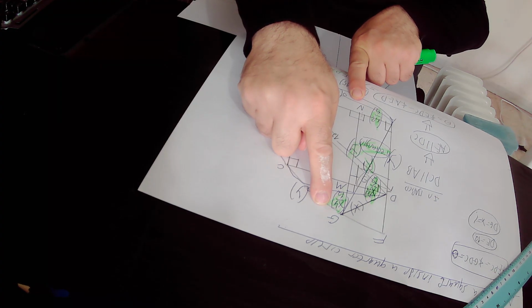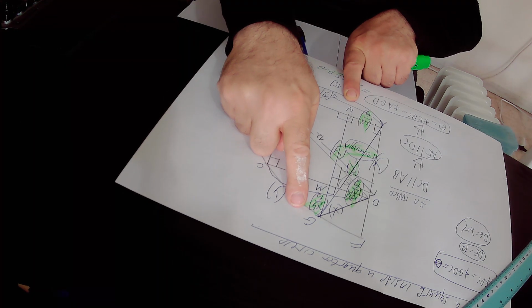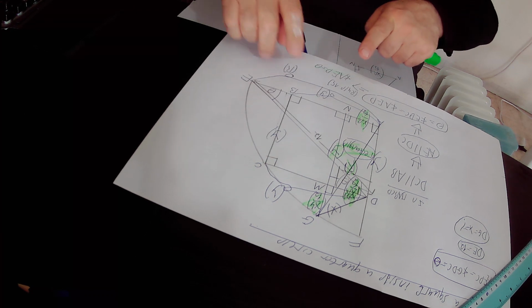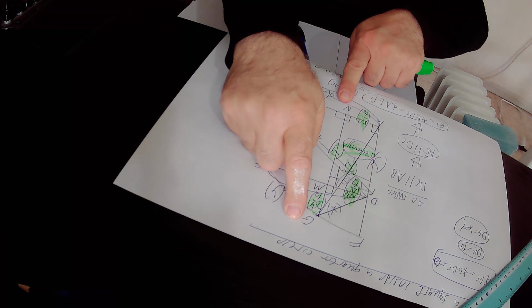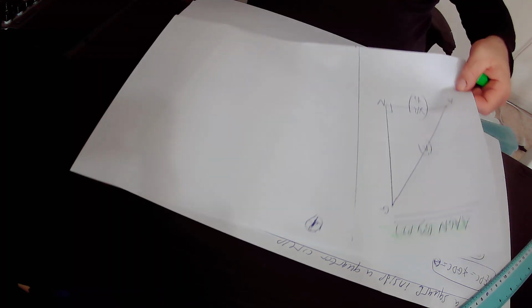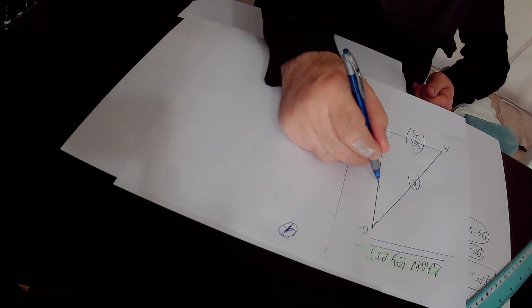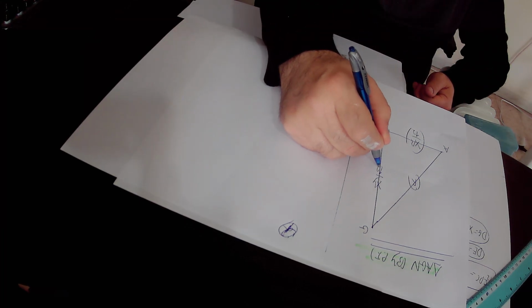GN in total equals GM plus MN. That is to say, GN will be equal to GM, that is xy over 12, plus MN, that is y. So in total, GN equals xy over 12 plus y. In the right triangle AGN, GN equals xy over 12 plus y.